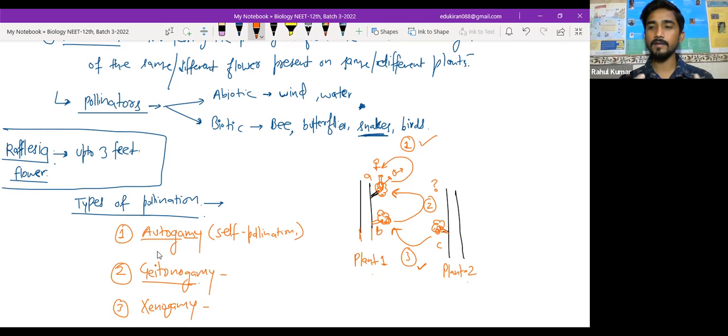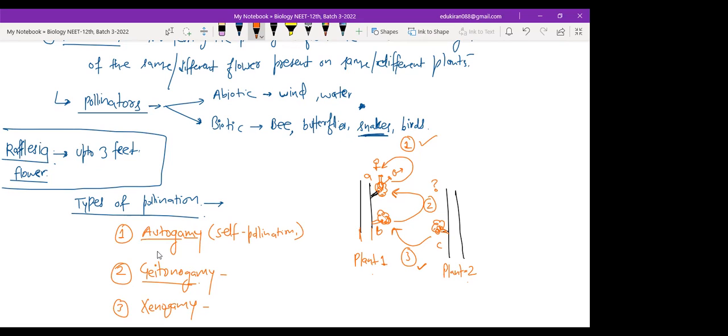If pollination is happening between different varieties, it is even more complicated. Or even if it is the same variety but from one branch to another branch which was grafted, it becomes cross-pollination biologically. Everyone is understanding?